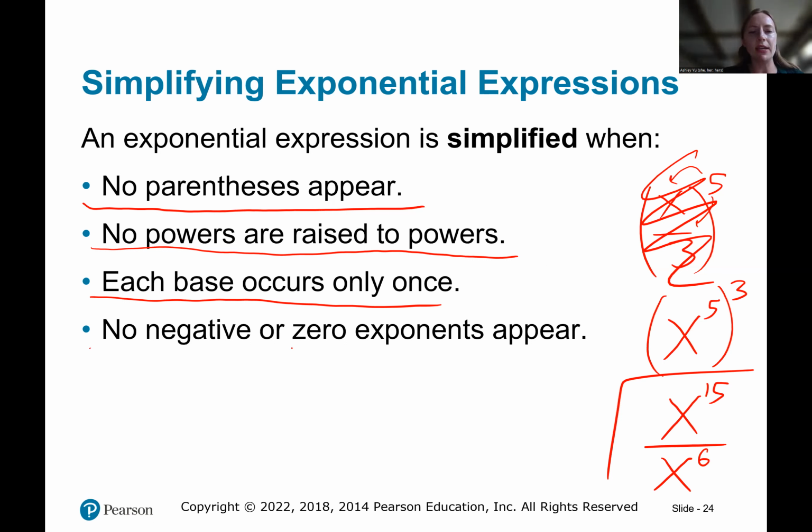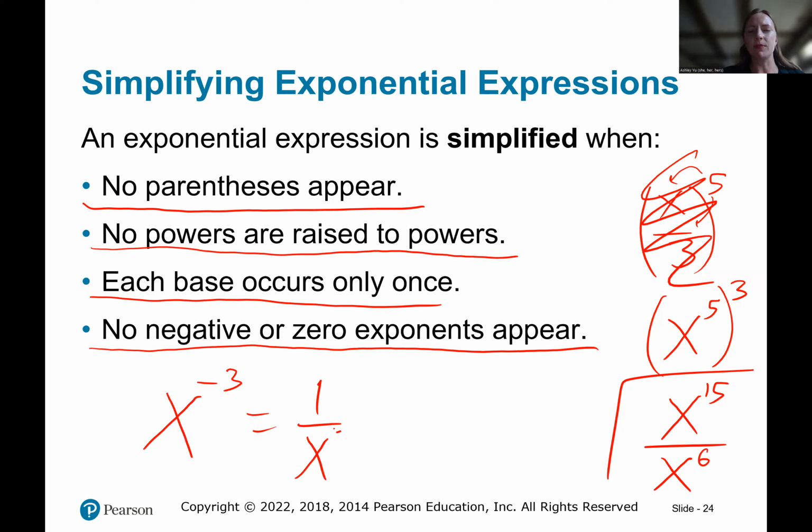And there should be no negative or zero exponents because we know that if you see something to a negative power, that means 1 over that thing. So if you ever see an exponential thing to a negative power, try to rewrite it as a positive by putting a fraction. And also if you see something to the 0 power, just replace it with 1. If you do all those things, you should probably be good for exponential stuff anyway.